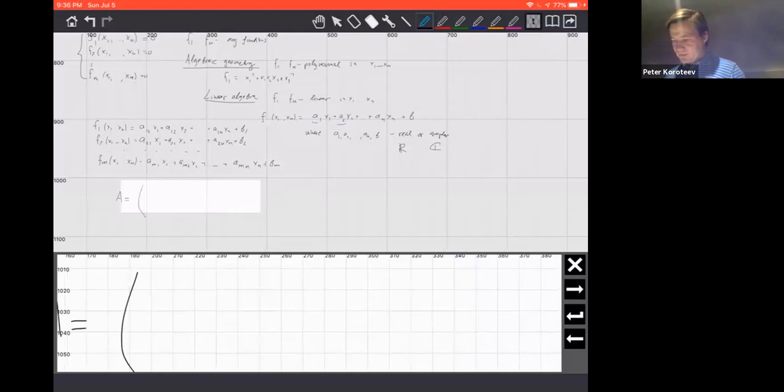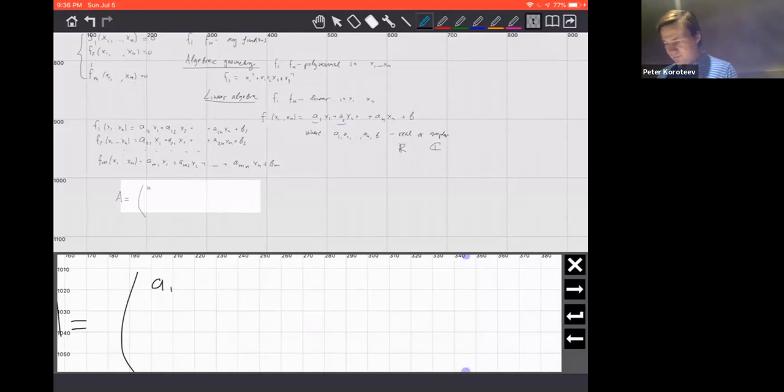So we can define a matrix A, which will be a rectangular matrix of size m by n. It will have m rows, the same number as the number of functions, and n columns.